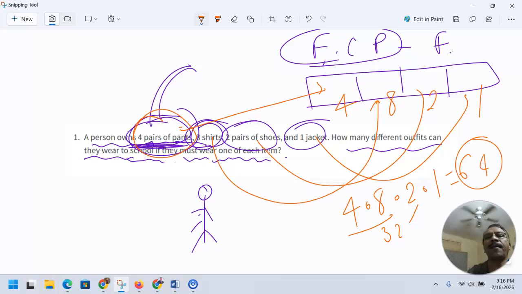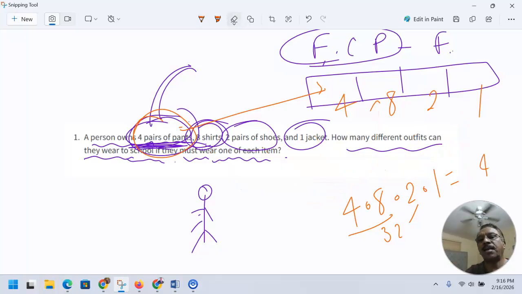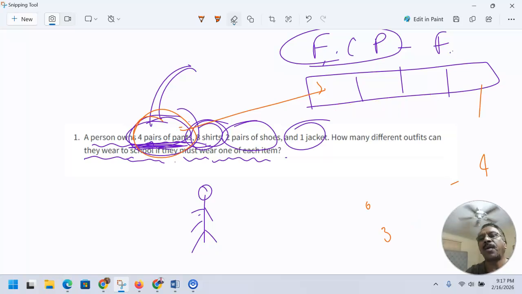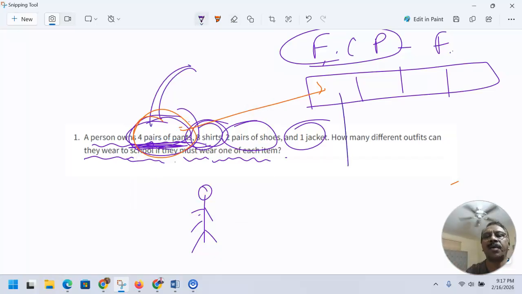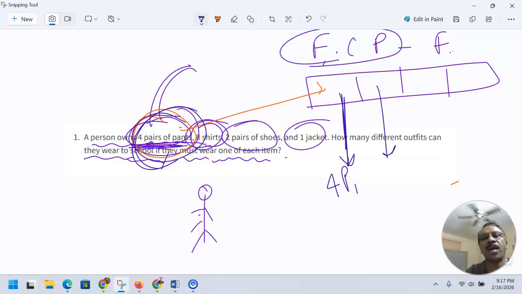But if you want to think of it in a nice formula way, the first one, there are 4 pants and you select one, so it is 4P1. The second one you have 8 shirts, so it is 8P1, and you multiply these. The next one you have 2, so it is 2P1.